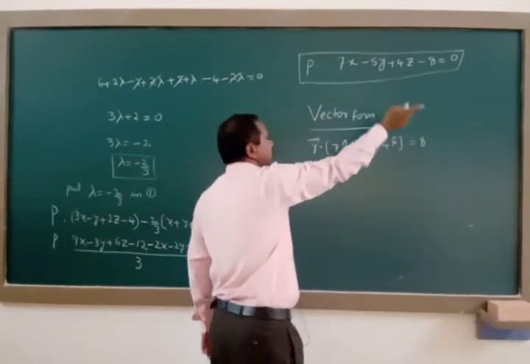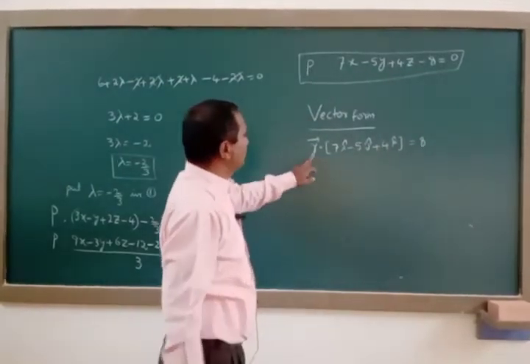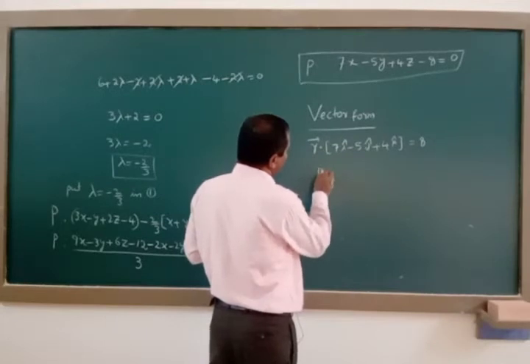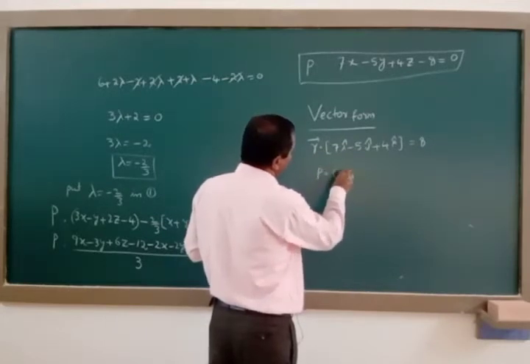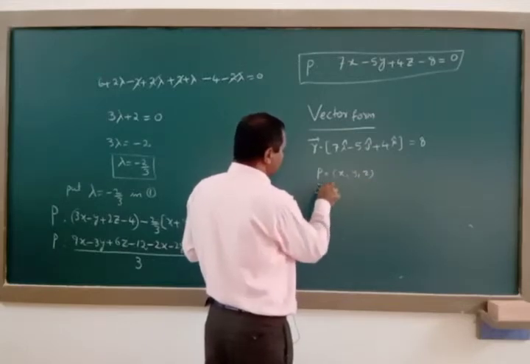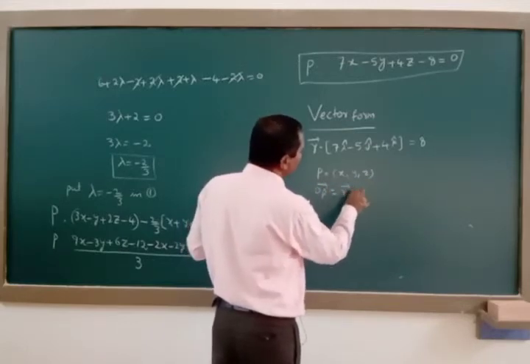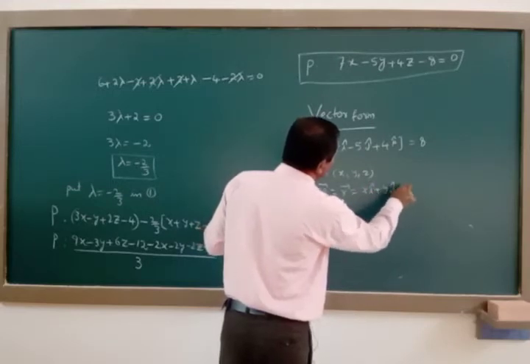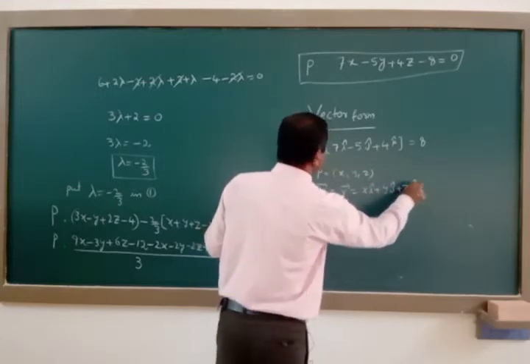Sending minus 8 to that side becomes plus 8, where r vector is the position vector of the point P, where x, y, z is considered, then OP vector is equal to r vector is equal to xi cap plus yj cap plus zk cap.